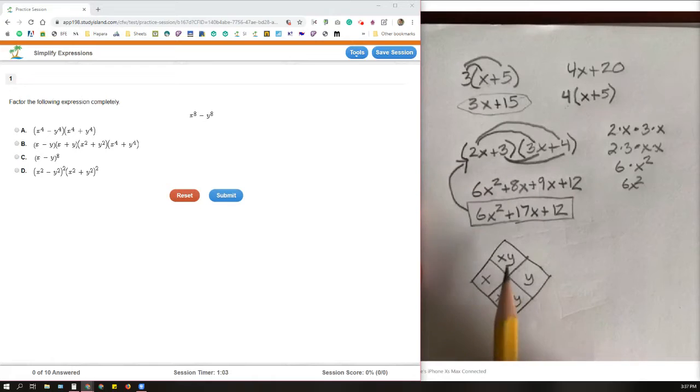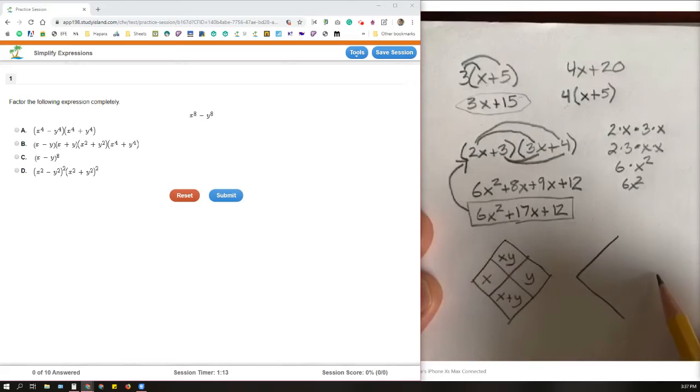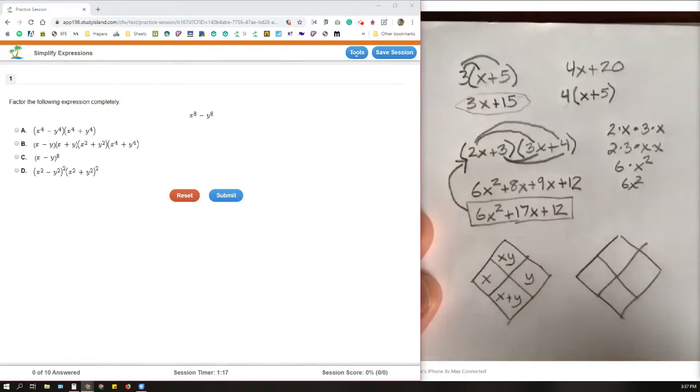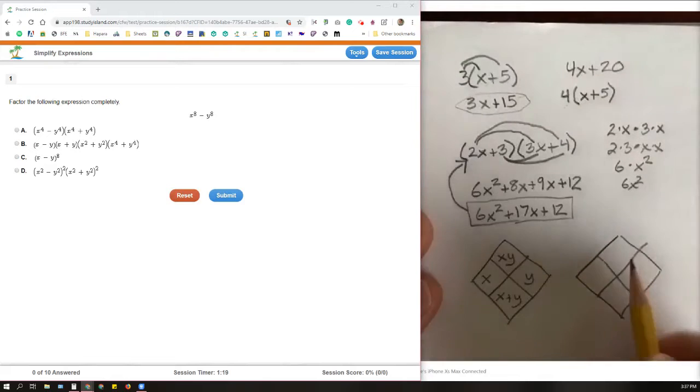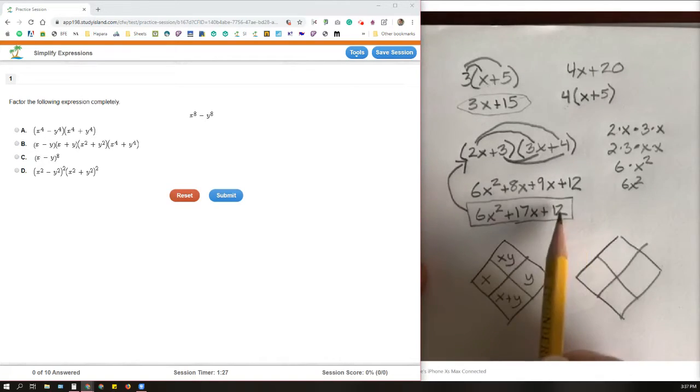Now what we are doing is one of these diamond problems where you're given xy, the product, and x plus y, the sum. What am I talking about? Draw the little diamond. Feel free to draw yours more neatly than I drew mine. The xy, the product, is whatever the first term is in the trinomial times the last term in the trinomial.